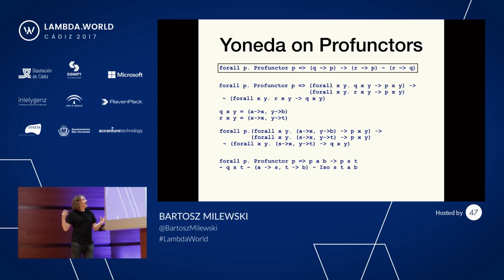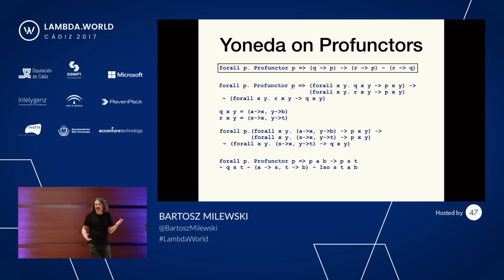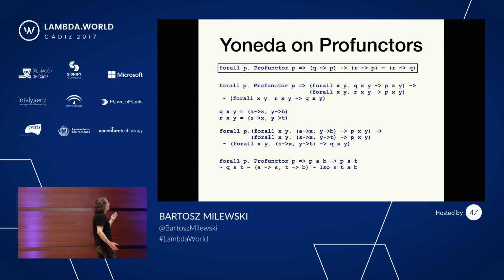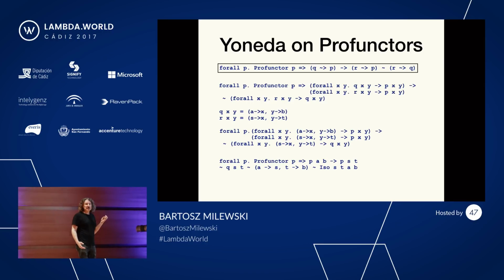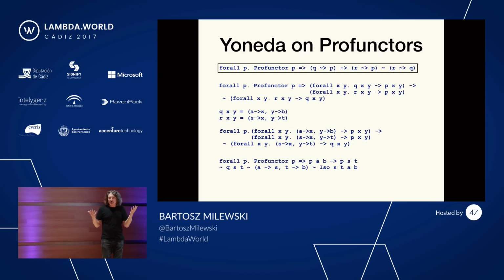And now I have finally my for all p, okay? That's the big step. I have for all p, so I'm close. And I use the same trick as I did before. I replace q and r, which are free parameters in this formula, with my pro-readers, right?